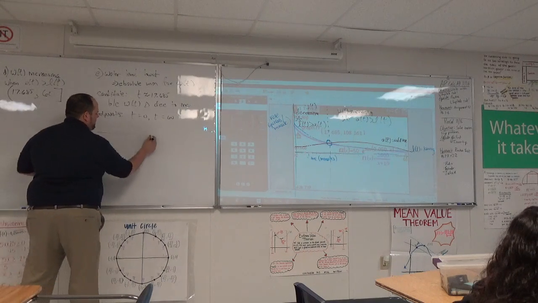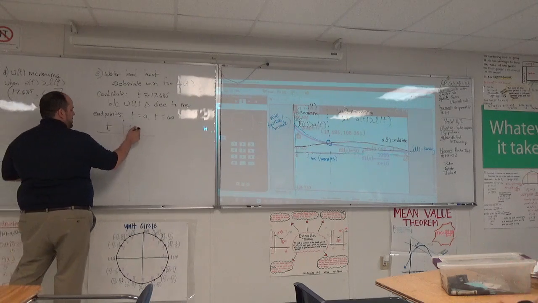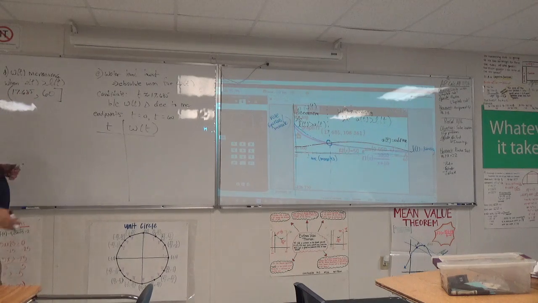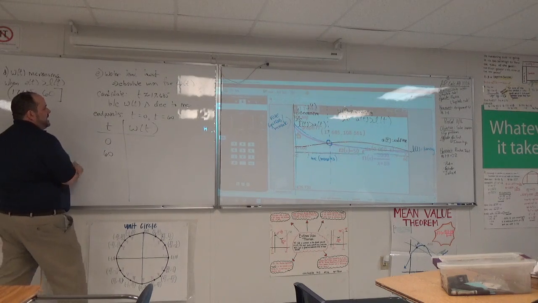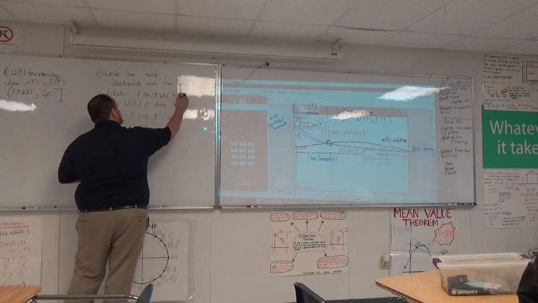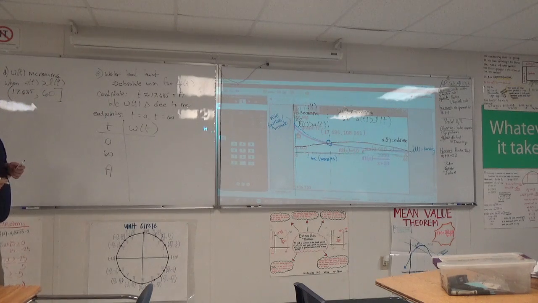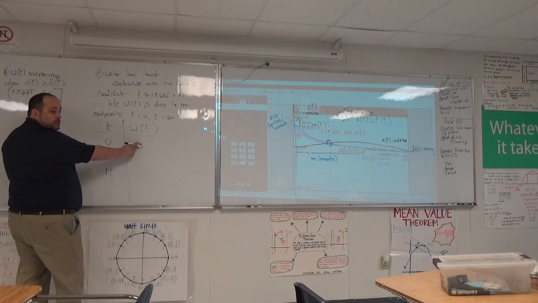And just to wrap this up, Miss Blakely at East End does an incredible job with this. She always has her kids build a table of values. On the left, they list the candidates, 0, 60, and I'm going to call this 17.685 A. What's W at 0?